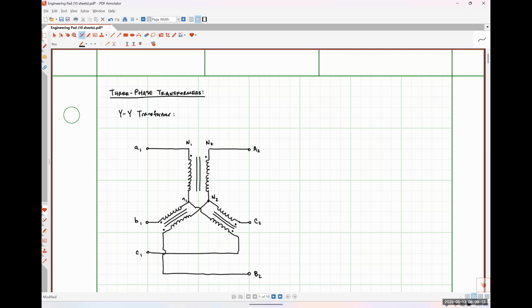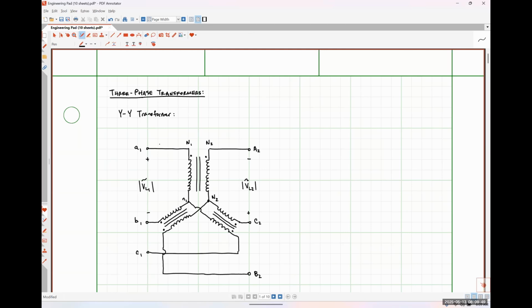is that, so let me define this as the magnitude of the line voltages on the primary. And this guy right here is going to be the magnitude of the line voltages on the secondary.